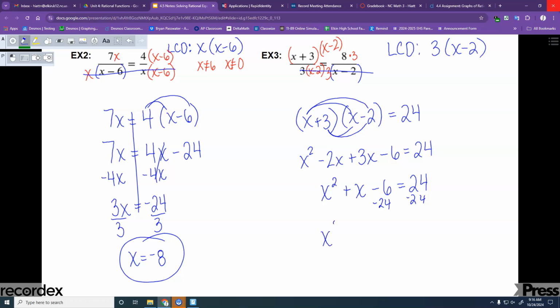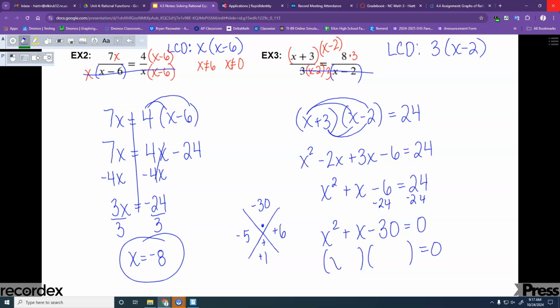So I've got x squared plus x minus 30 equals 0. And I'm going to try to factor that. And that's just about what we factored just a minute ago, isn't it? We got a negative 30 to multiply. We got to add to get a positive 1. What numbers would work for that? Negative 5, positive 6.